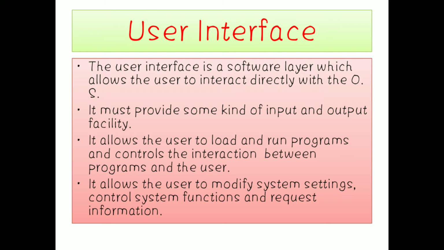And whatever the functions are of the control of the computer system, it will also be controlling that, and it will also request the information whatever it requires. So, user interface is like a mediator between the user and the computer system.